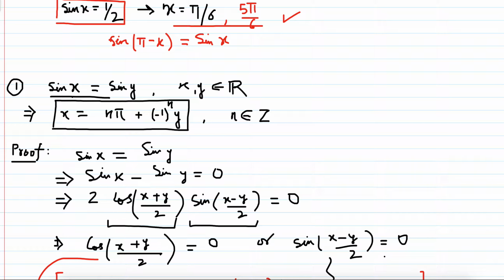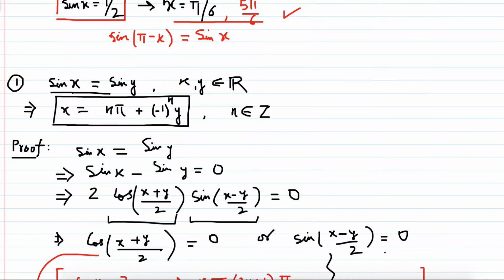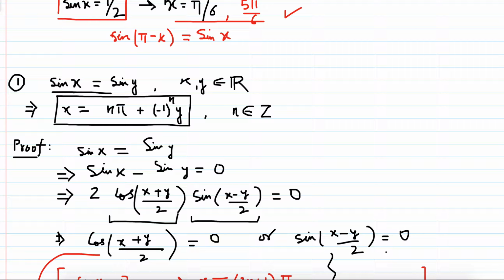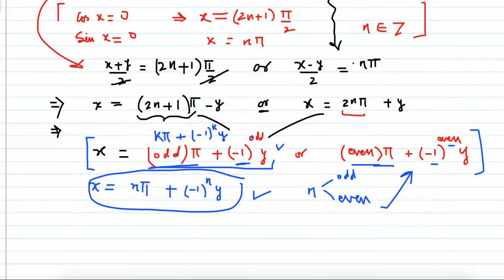So we have proved this formula: if sin x is equal to sin y, then x is equal to n pi plus minus 1 to the power ny.